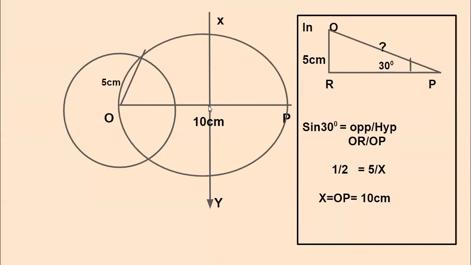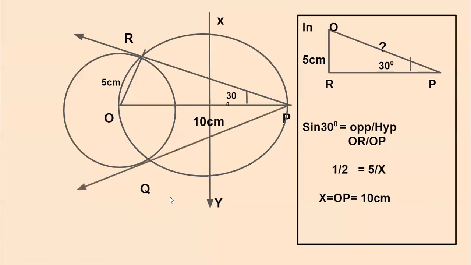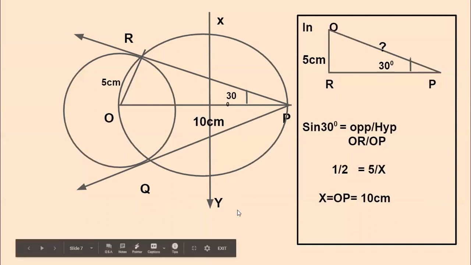The circle will intersect the small circle at R and Q. Once we join PR and PQ, these two are nothing but the pair of tangents of the circle. The angle given is 60, so we made it half, this is 30 and here it is 30. So we found the distance, that is 10 centimeters. With that we have completed this construction.